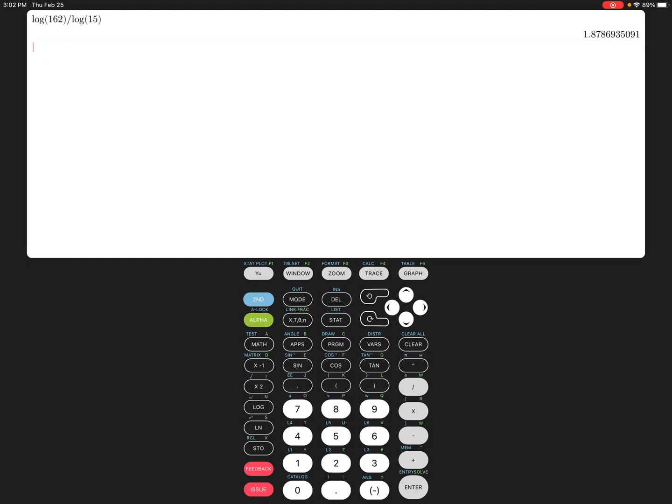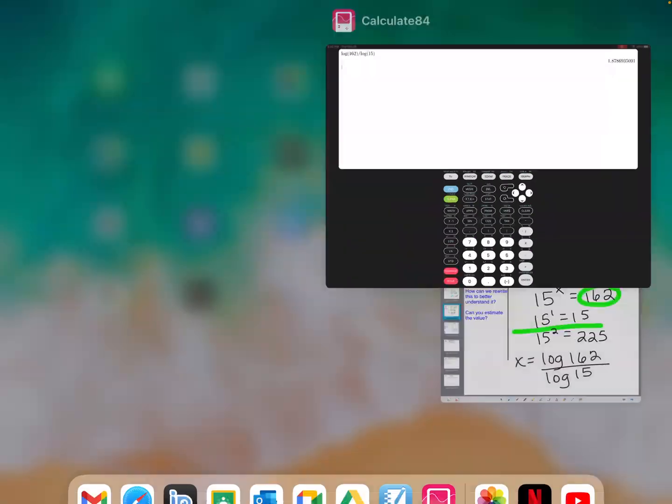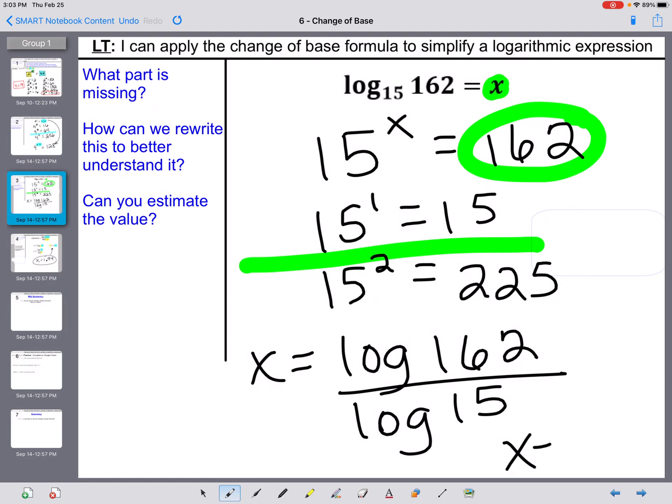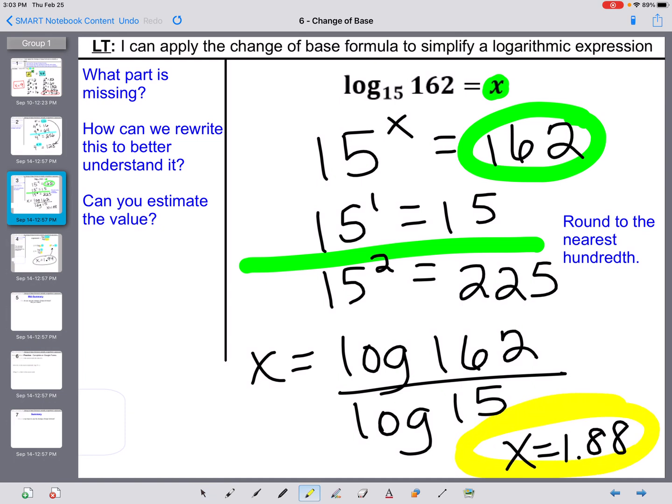It's probably impossible. So instead, we use this formula, and now we'll just round our answer to the nearest hundredths place, or whatever the question asks for. I'm just going to say hundredths for this. So 1.87869 will be 1.88. And I'm pretty sure under here I did say nearest hundredths place, so that's good. So our exponent will be 1.88.